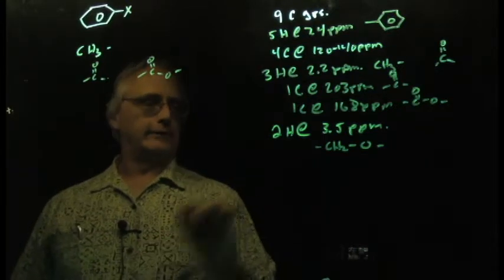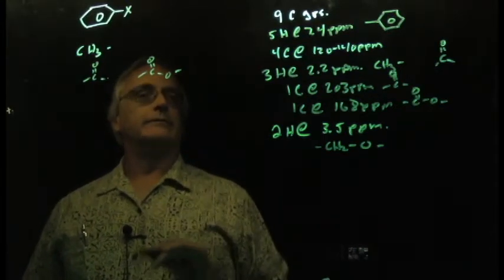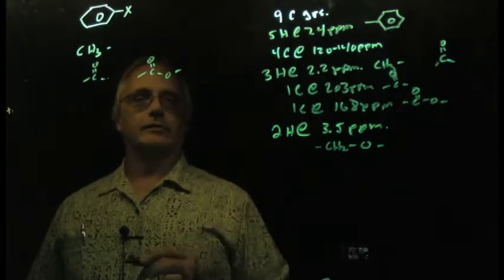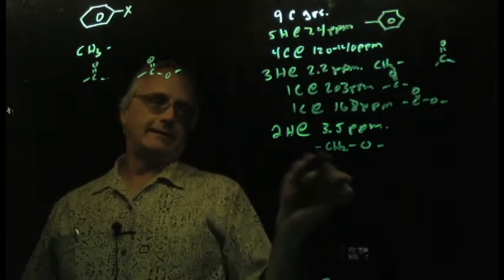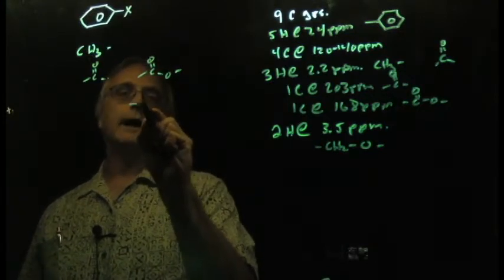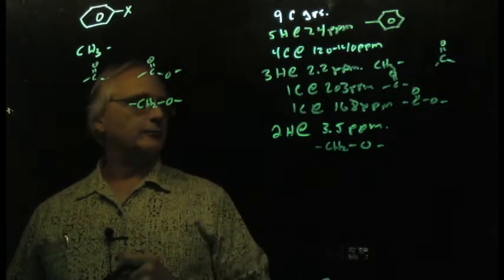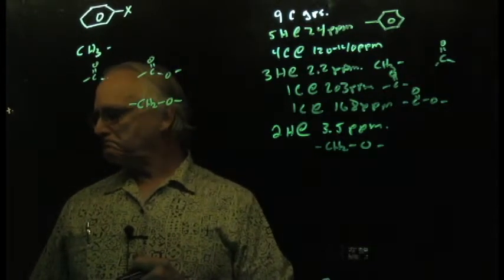And sure enough, if you look at the carbon spectrum, there is a carbon just a little above 60, much like in the previous unknown. So I'm going to add that to my collection of puzzle pieces that I'm going to put together.